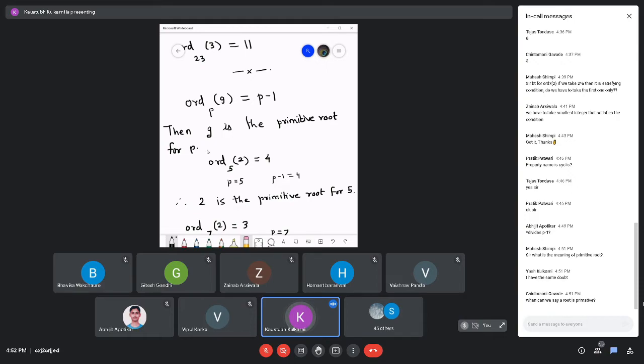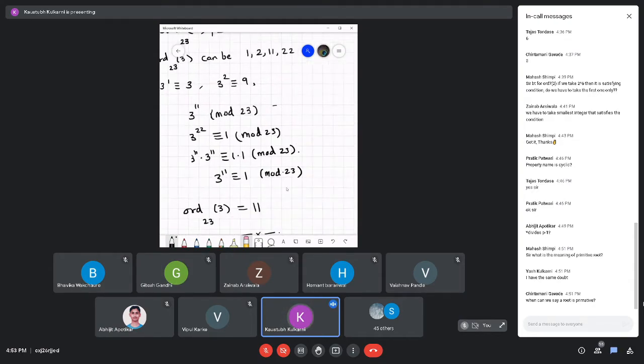When can we say that a root is primitive? This is not your ordinary root, the power kind of root. It is defined this way.